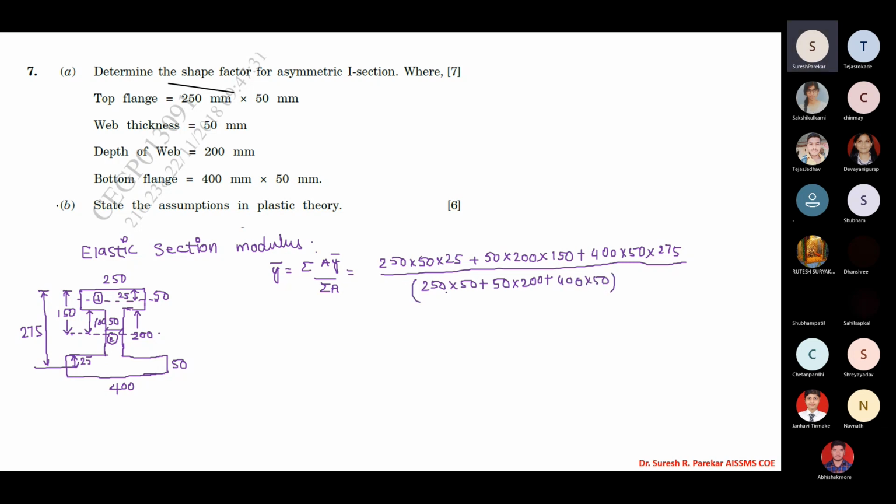Find this area separately because we require it for plastic neutral axis. I got 42,500, this denominator. And then calculate y bar.